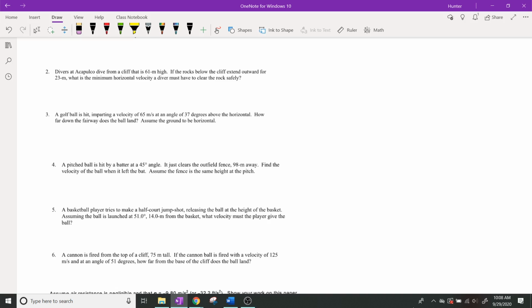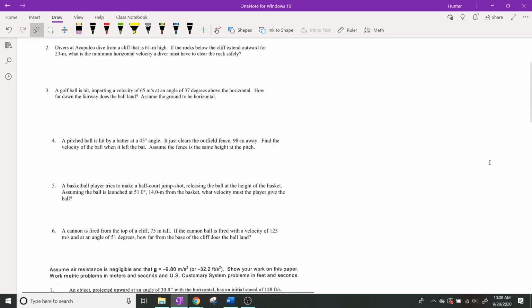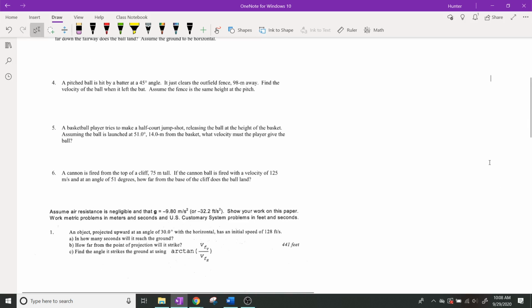Well, let's find out. Let's look at number 6 and you tell me. Is it going to be the exact same process? But you can know it. How would you know if it's the same thing or not? I'm looking at number 4. Number 4 has an angle, and number 4 had a range, right? So if I have an angle and a range, I can use the range formula.